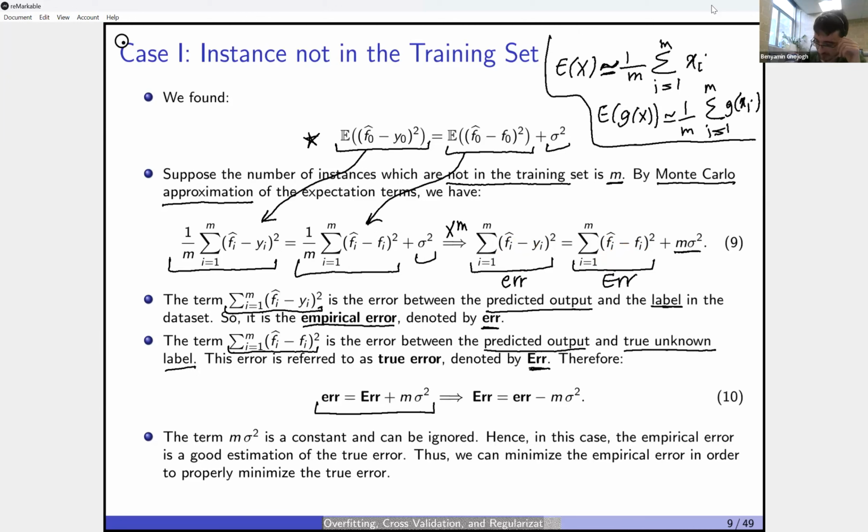So I can write it like this. So equation 9 becomes this: empirical error equals the true error plus m sigma squared. If I rearrange this, if I bring this to the other side, capital Error equals small error minus m sigma squared, okay?